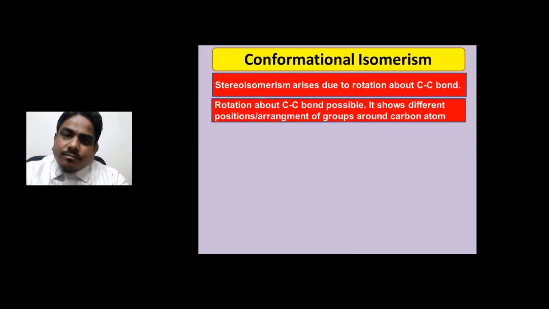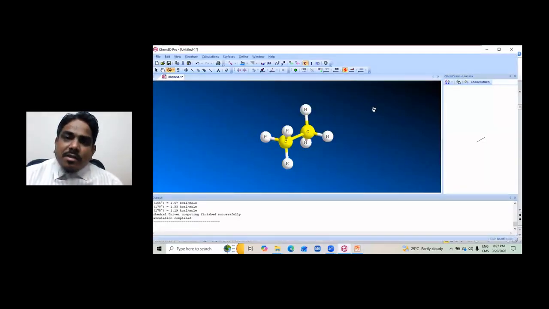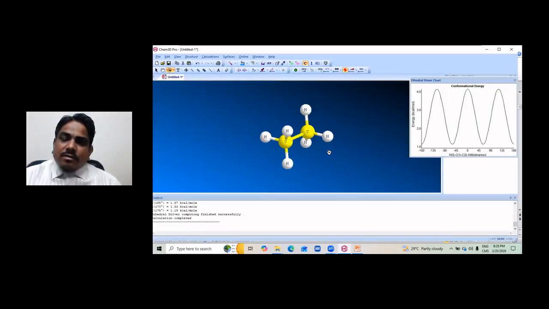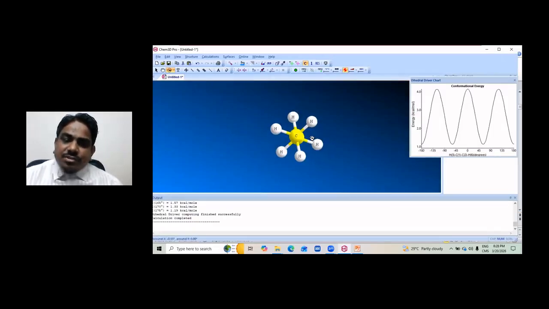For example, in molecular modeling, we can see the rotation about the carbon-carbon single bond like this. At room temperature, the carbon-carbon single bond undergoes rotation, and that shows the different positions.